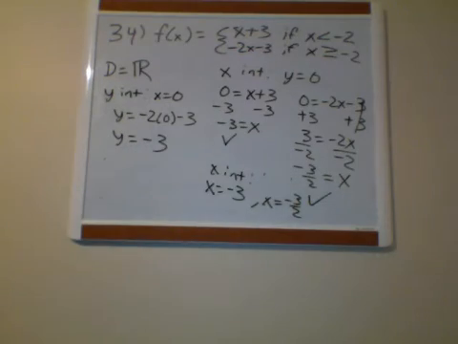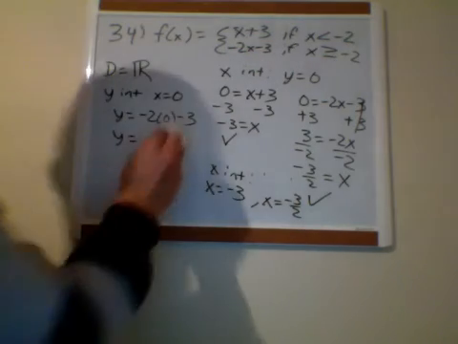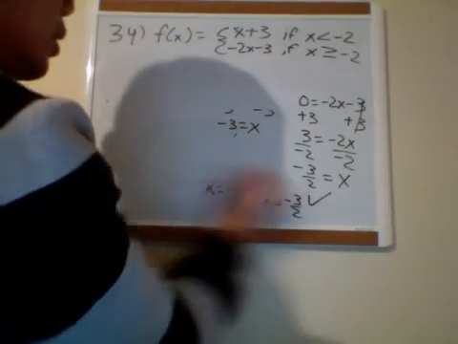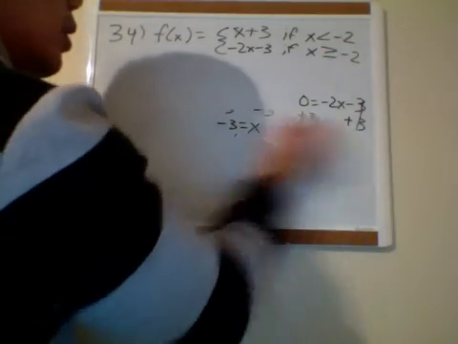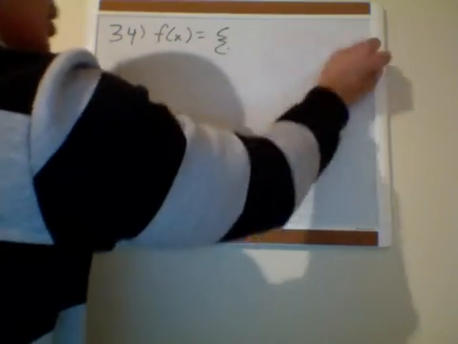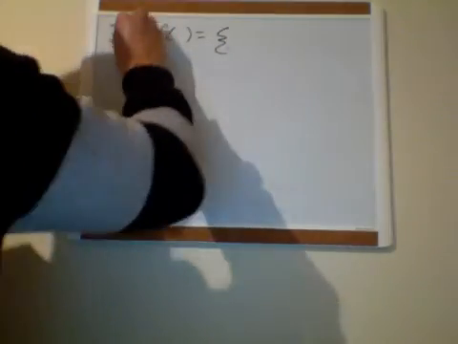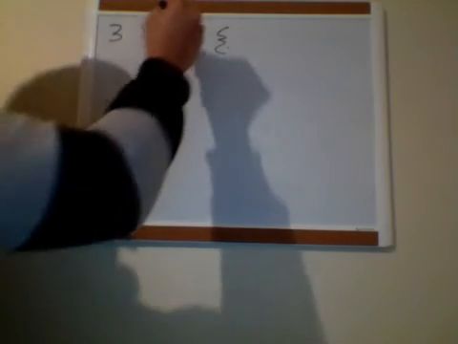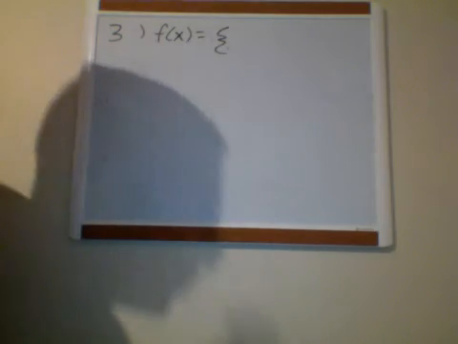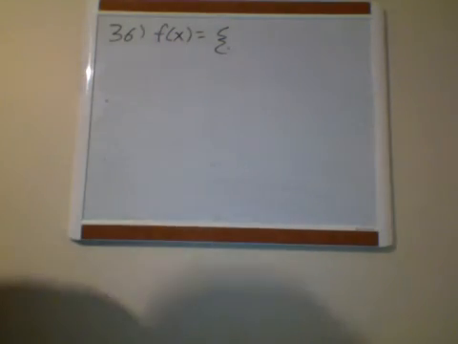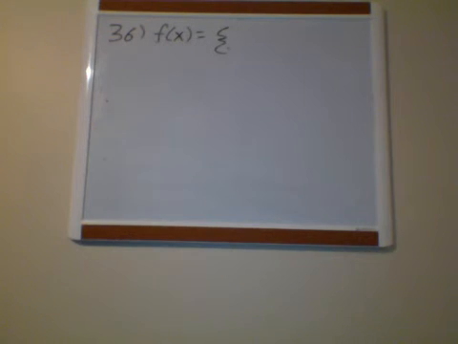So let's move on to 36. So 36, you have f of x is equal to 2x plus 5.